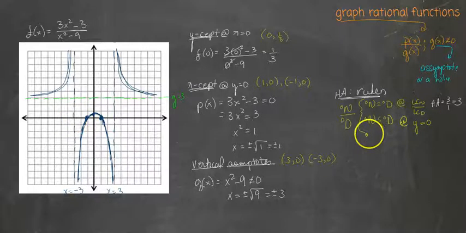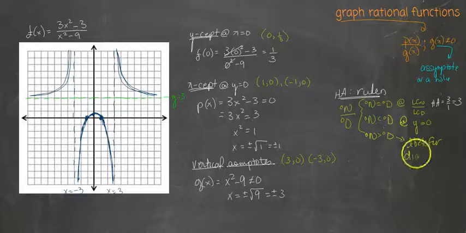If the degree of the numerator is greater than the degree of the denominator, you're going to look for a diagonal asymptote with synthetic division or long division. And we'll do an example like that in a minute.